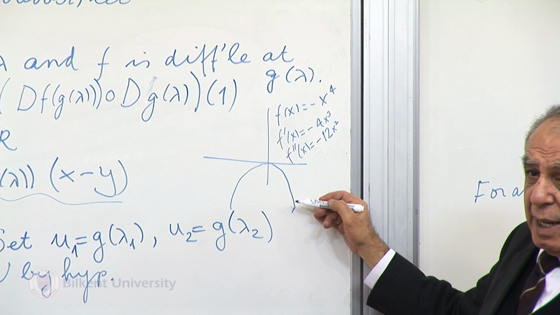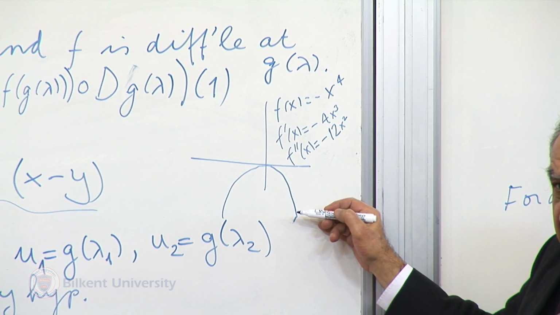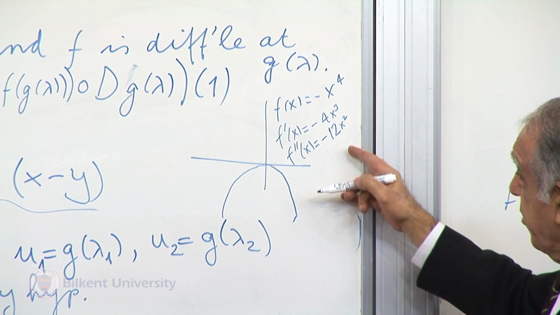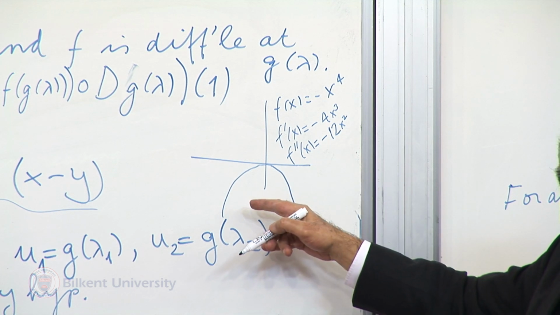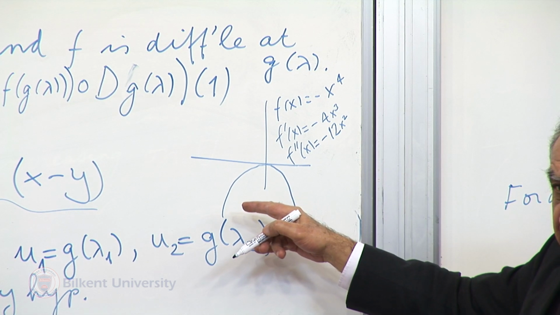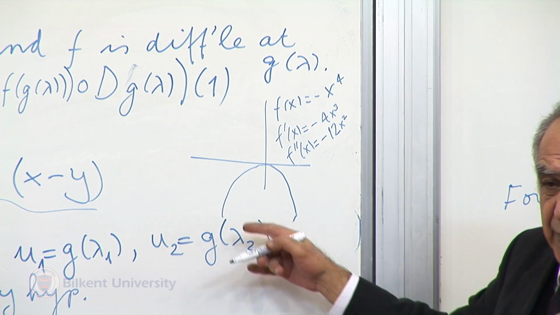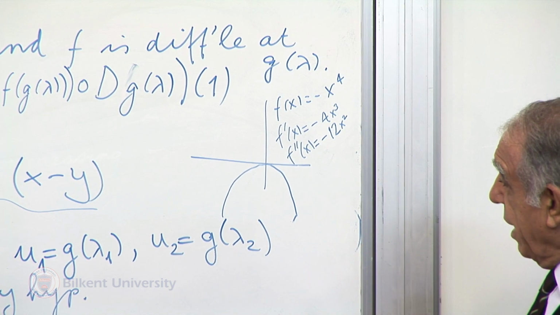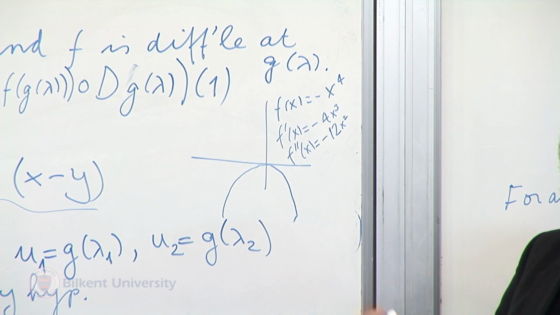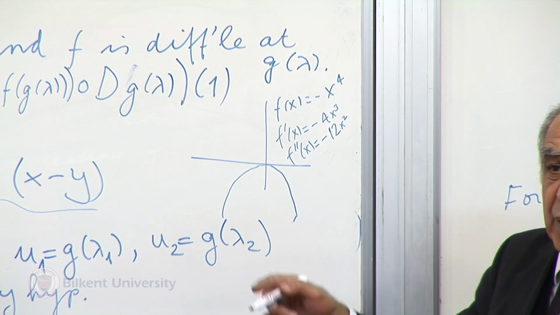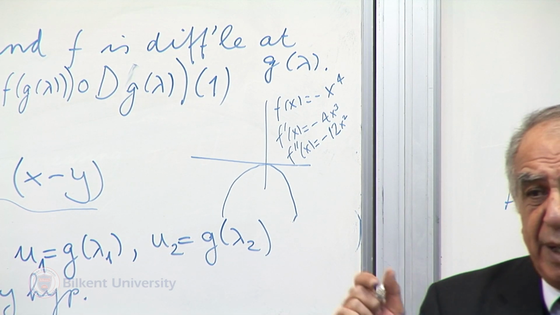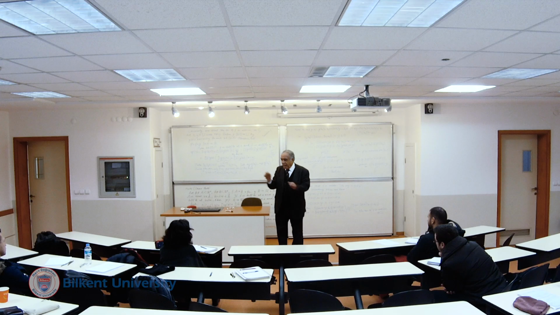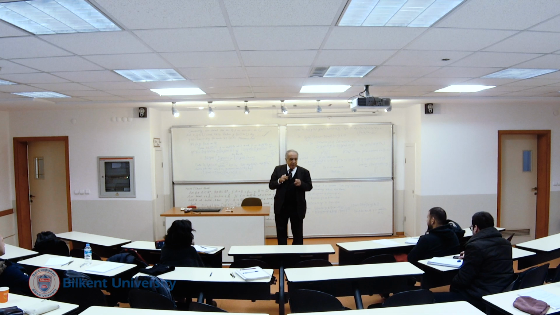Is this strictly concave? Yes, this is strictly concave, but the second derivative becomes 0 at this point. Everywhere else, it's less than 0, but at this point it becomes 0. For the strict version, the equivalence is not exactly there. It breaks down, it's one-sided, but for the non-strict versions, we'll have equivalence.